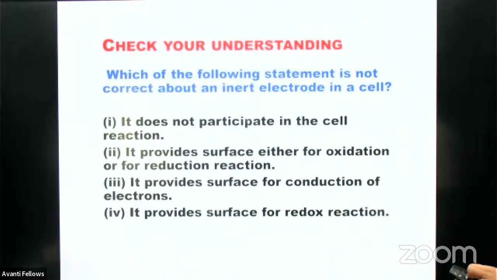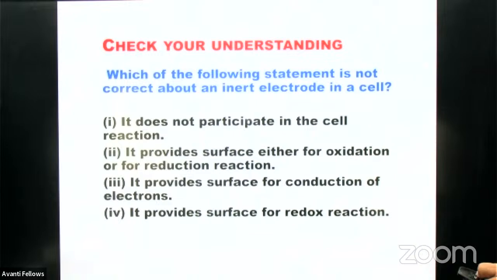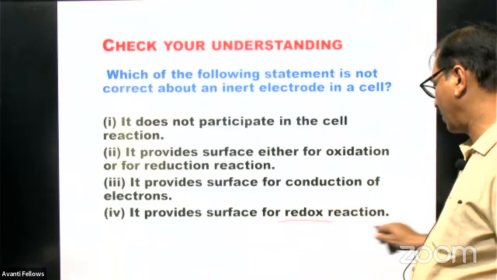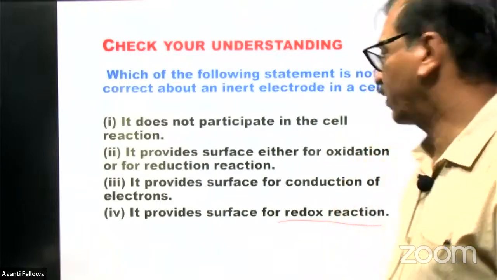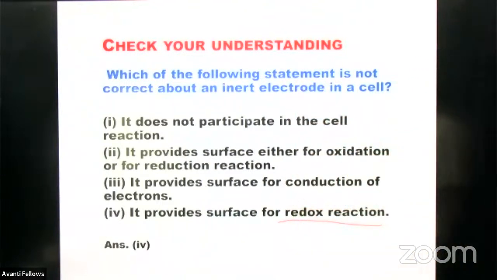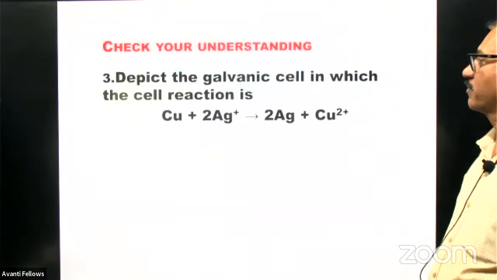It provides surface for a redox reaction. Both won't occur at the same place in an electrochemical cell, right? Therefore, 4 is not the correct statement. So that is what is being asked.